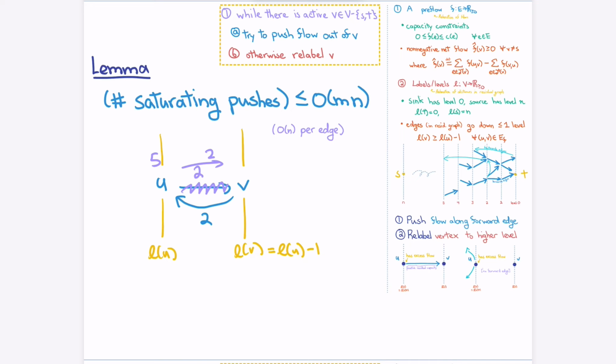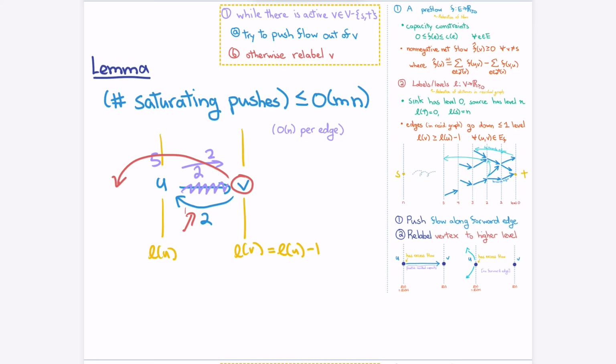And for me to push along this opposite edge, v is going to have to be on the other side of u, because we only ever push down, right? So level v must go up by at least 2 before the other edge can even be used. Okay?